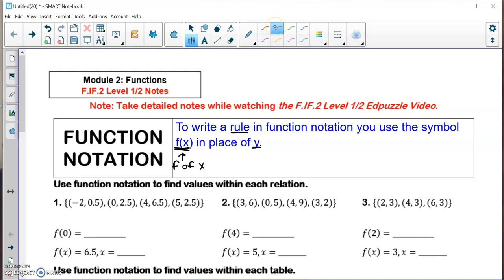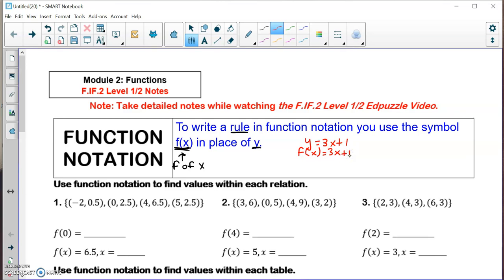So if I have the equation y is equal to 3x plus 1, to show that this is a function, I could replace the y with f of x is equal to 3x plus 1.